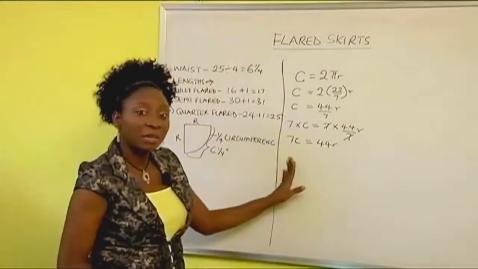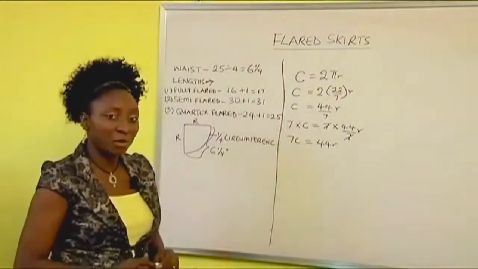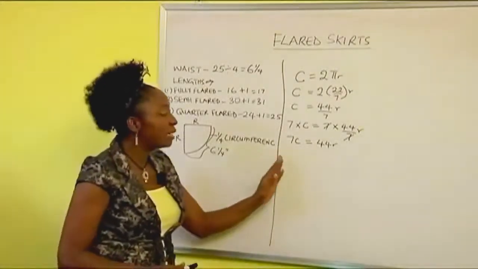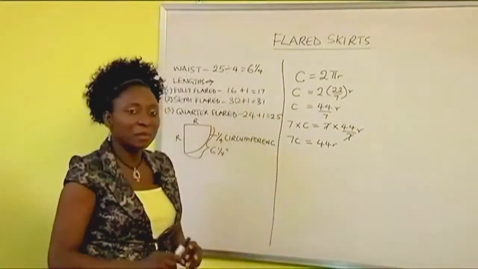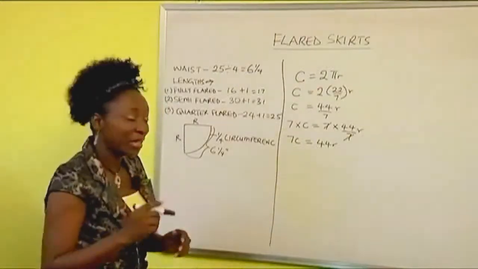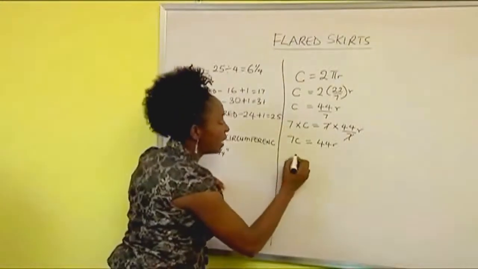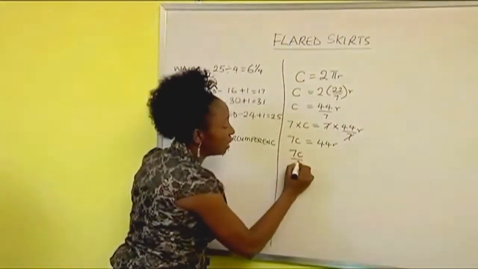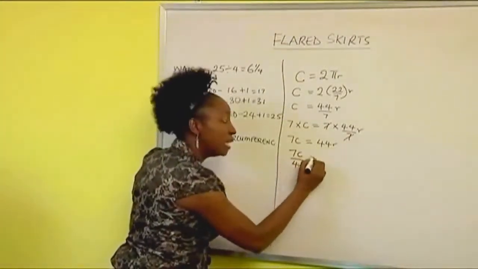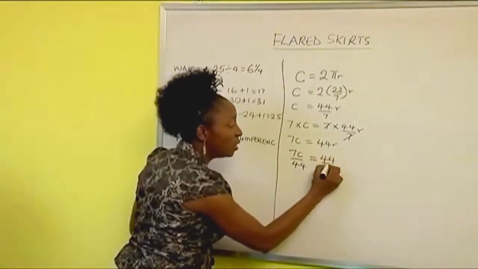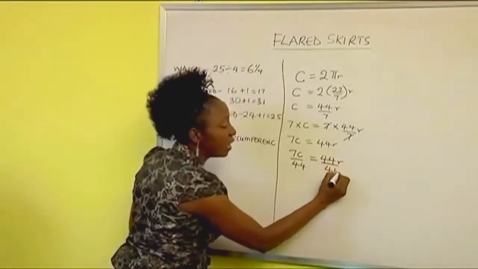So you can see that we're very close to making r the subject of the formula. So I want to take this and divide both sides by 44. Very clever. That's why mathematics is very good for life. So I take that, 7C divided by 44 would give me 44r/44. You can see that.